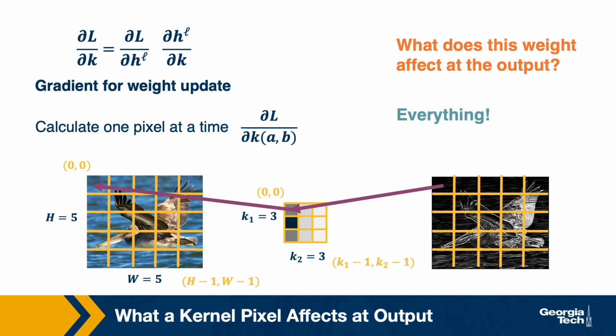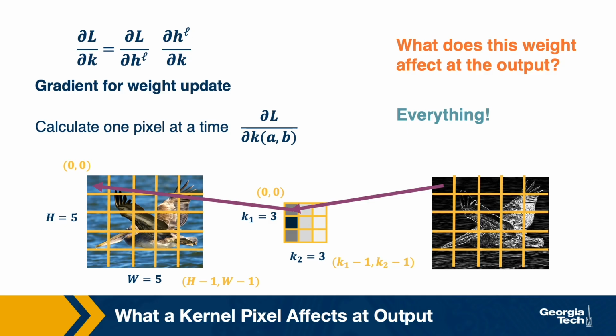The answer is everything. This is because we're striding the kernel across the input image. So in the first location, that first pixel in the input, x of 0, 0, is multiplied by w of 0, 0. And that gets summed with the other contributions to result in that output map, y of 0, 0. But then we move the kernel over one spot. And again, it's weight shared. We're using that same weight.